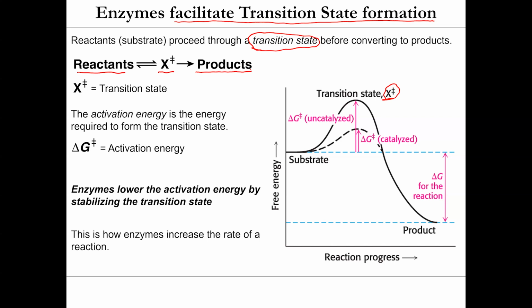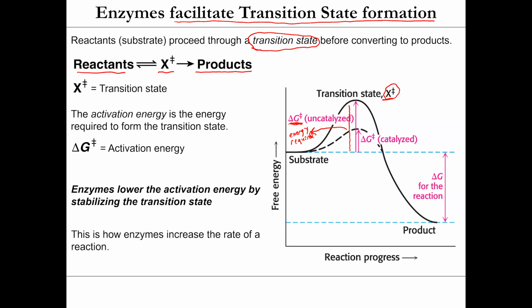The activation energy is the energy that you have to put into the system for the substrate or the reactants to form that transition state. So the delta G double cross is the activation energy. There's got to be some energy put into a system to allow the reactant to form that transition state before it converts into products.